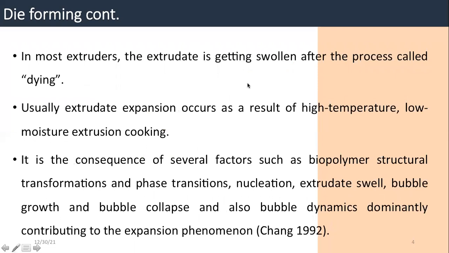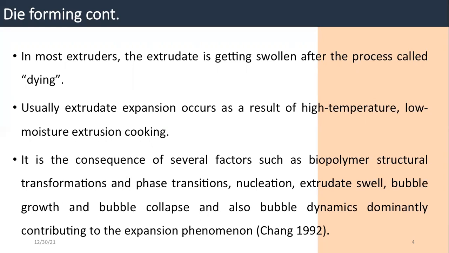I think we have discussed some examples. A very popular example is TPT. It's actually an expanded food product. We use some raw materials, then at the end of the process we can get expanded food products.